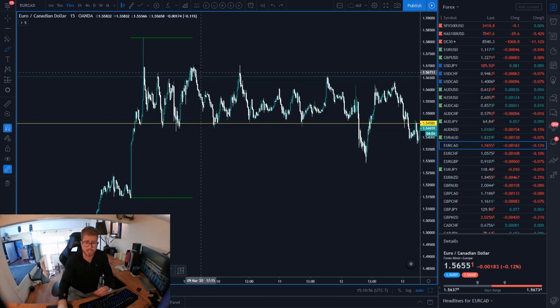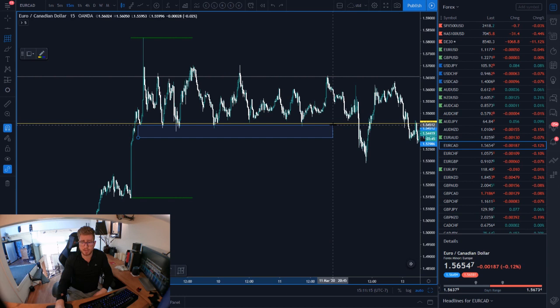This doesn't look as good because they're not really lining up perfectly. But once we see maybe 2, 3, 4 tests of the same area, what that's going to tell us is price keeps testing that area, and these resting orders that the big traders have sitting right here are breaking down.